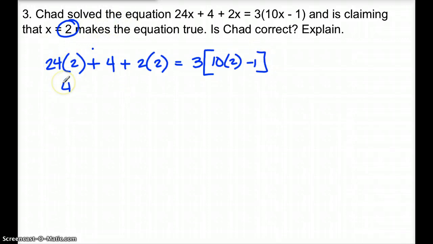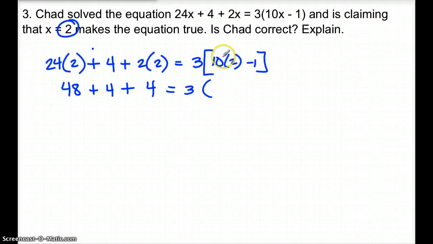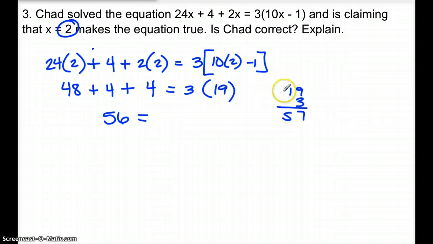24 times 2 is 48, plus 4, plus 2 times 2 is 4. And then I'm going to have to solve what's inside these brackets first before I can multiply it by the 3. So 10 times 2 is 20, minus the 1 is 19. Okay, 48 plus 4 is 52, plus 4 is 56. And then 19 times 3 is 57.